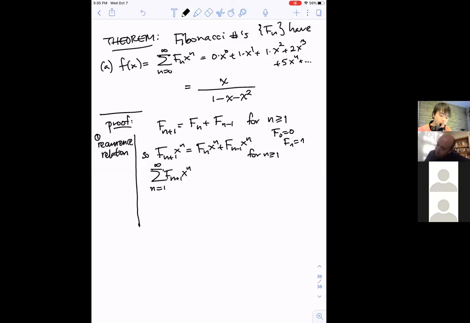And I'm being careful to only sum from n goes from 1 to infinity there, because this thing was only true for n greater than or equal to 1. Okay, everybody see what I did there?